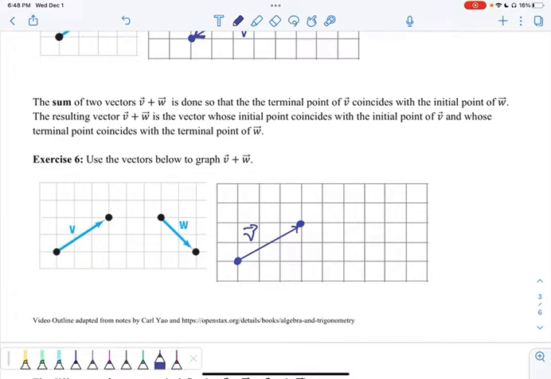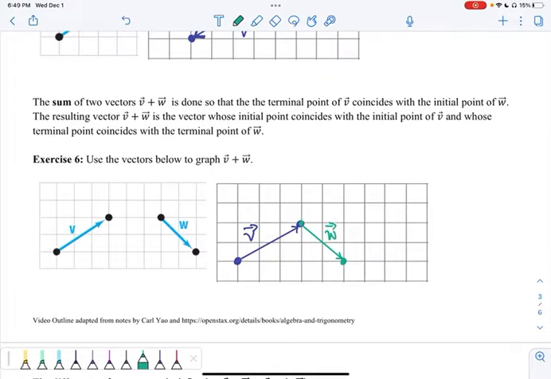And then where does w go? It's just saying w should start where v just ended. So I'm going to start w where this vector ended, and it's just going to end where it would typically end. Okay, so this is w.